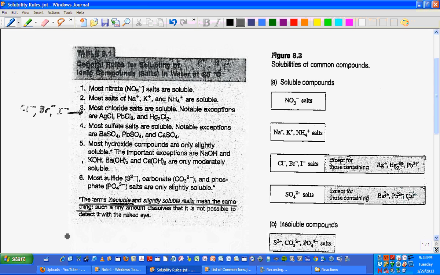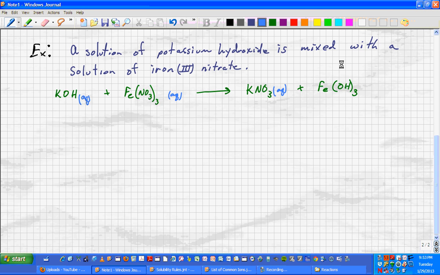Slightly soluble equals not soluble. So there's our culprit. The iron 3 hydroxide is not going to dissolve, so this will be a solid.